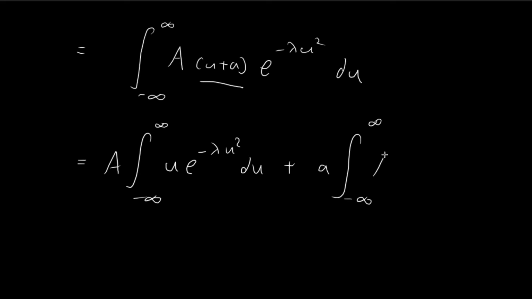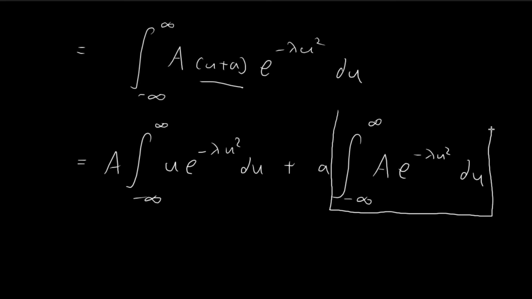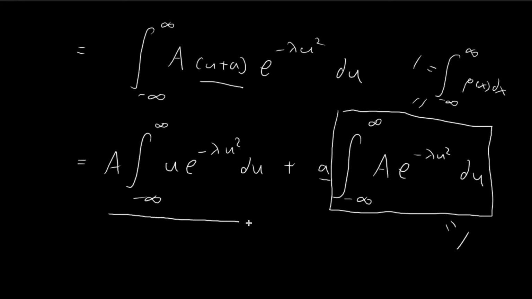I'm going to put the big A back inside the integral, because you can see that this expression is really just integrating the probability density function. And by definition, this integral is equal to 1. So for this entire expression, we have 1 multiplied by small a. And now all we have to do is evaluate this expression.